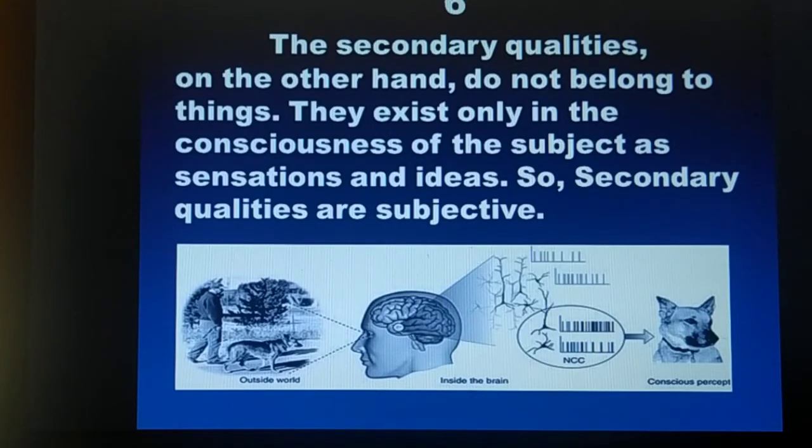The existence of the colors, the existence of the secondary qualities, are dependent on our mind. The constant changes are there, the variabilities are there, according to the differentiation of the different perceivers.